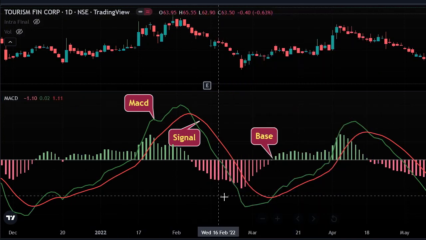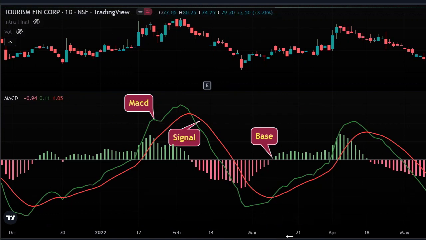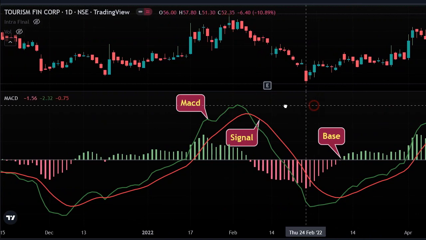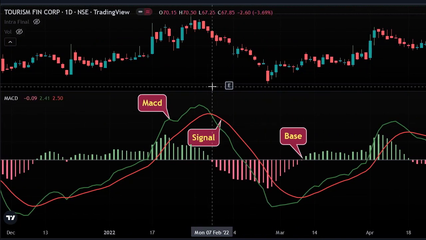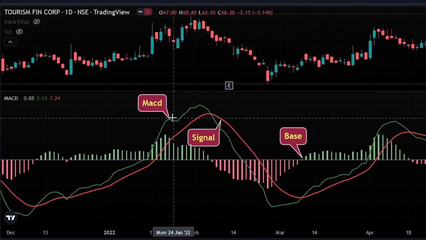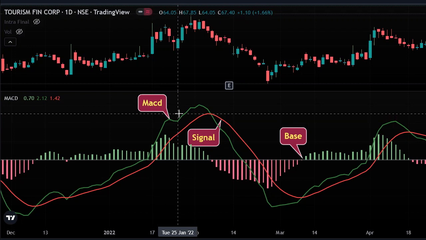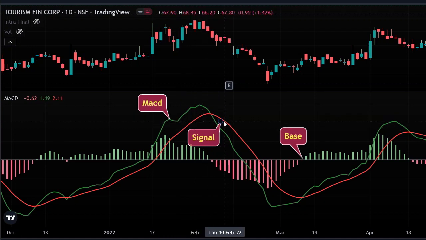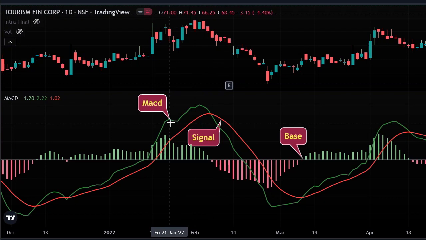So as you can see on the chart, there are mainly three lines. MACD is calculated by the difference of 12 EMA and 26 EMA. Then this red line is known as signal, and signal is actually a 9 period EMA of the MACD line.